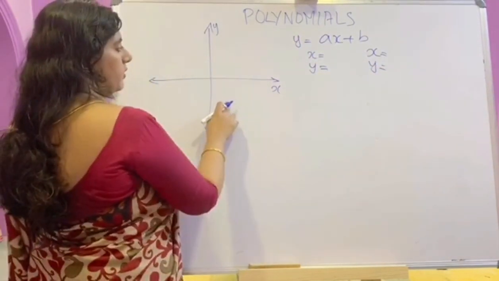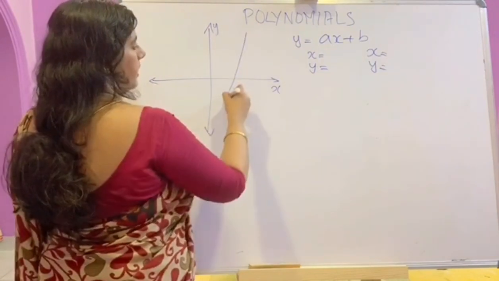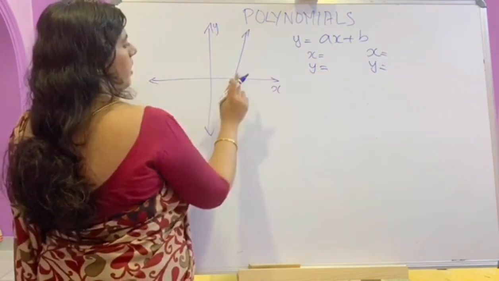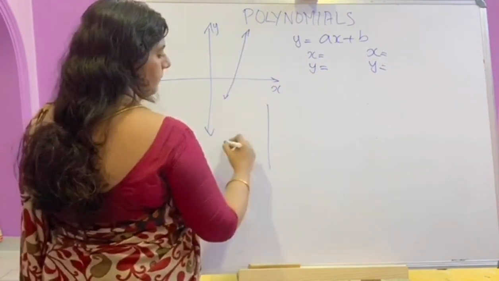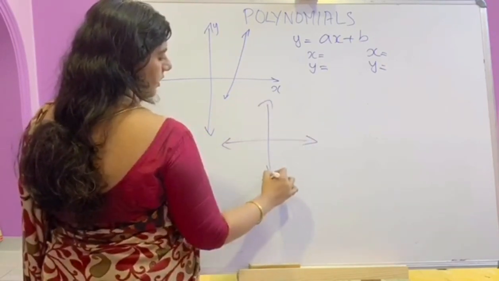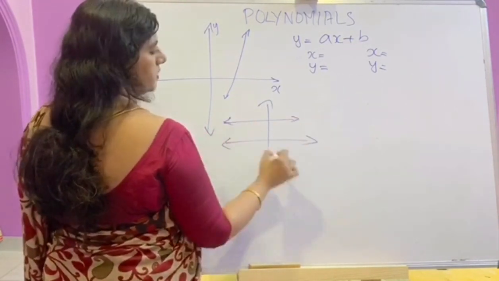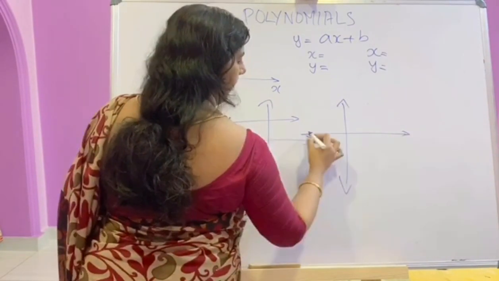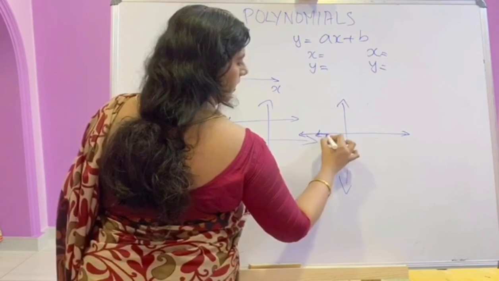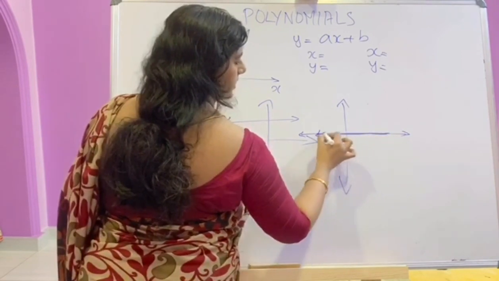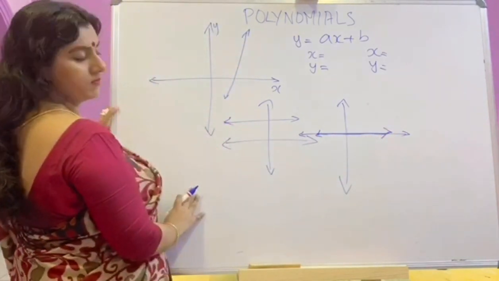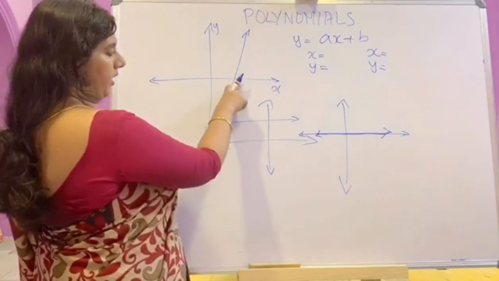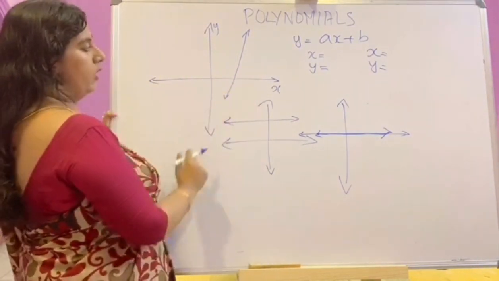When you plot it on the graph, you will get a straight line like this, or you will get another straight line like this, or you will get another straight line on the x-axis itself. This is what I told you about the conditions before.